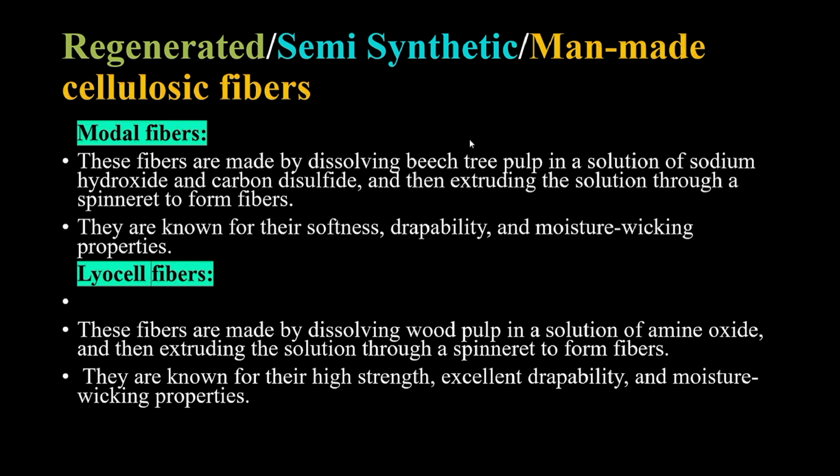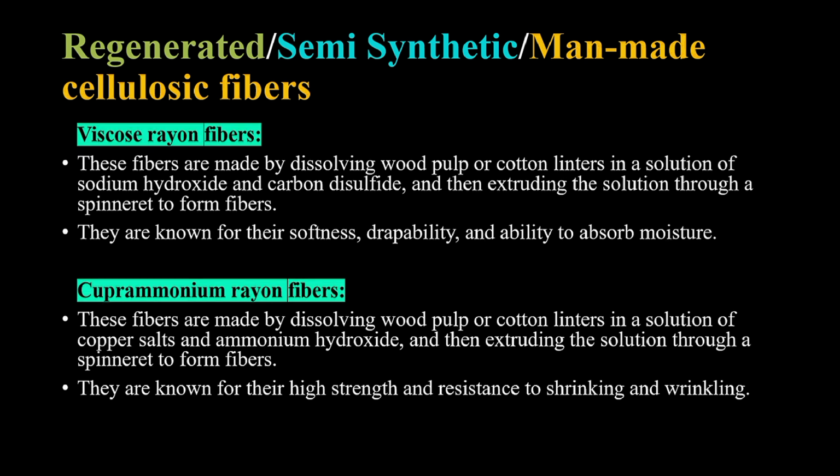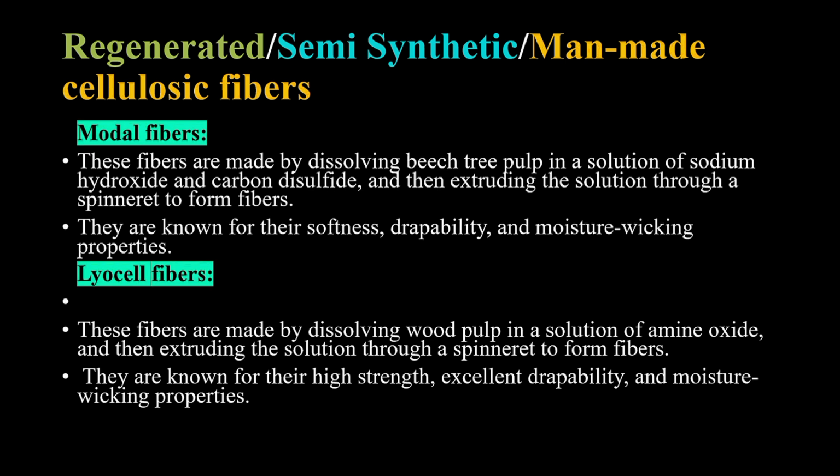So this is the difference. Modal fibers are soft, and viscose is also soft, with the ability to absorb moisture. These are the manufacturing processes of viscose, modal, and cuprammonium rayon.